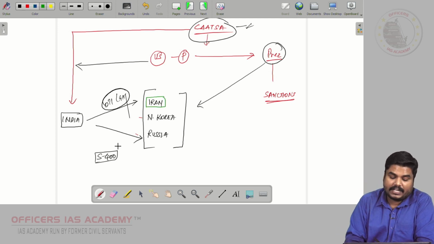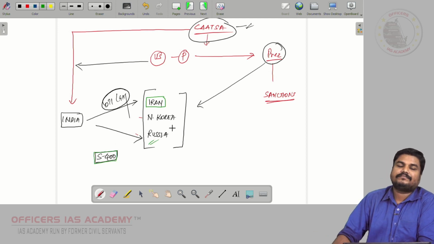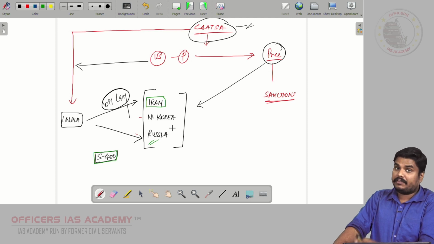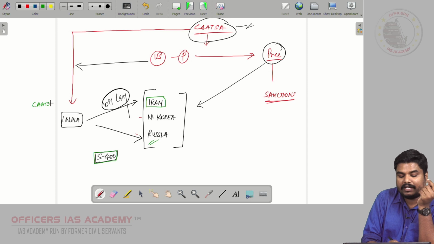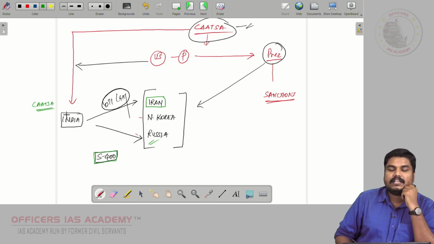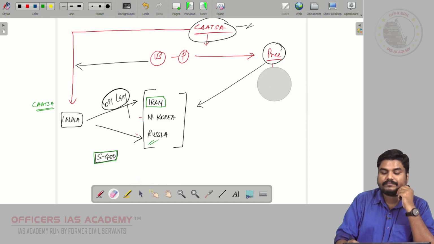It is pressurizing India not to execute this S-400 deal with Russia. America said, India, if you are going to continue, then CAATSA will be imposed on India as well.